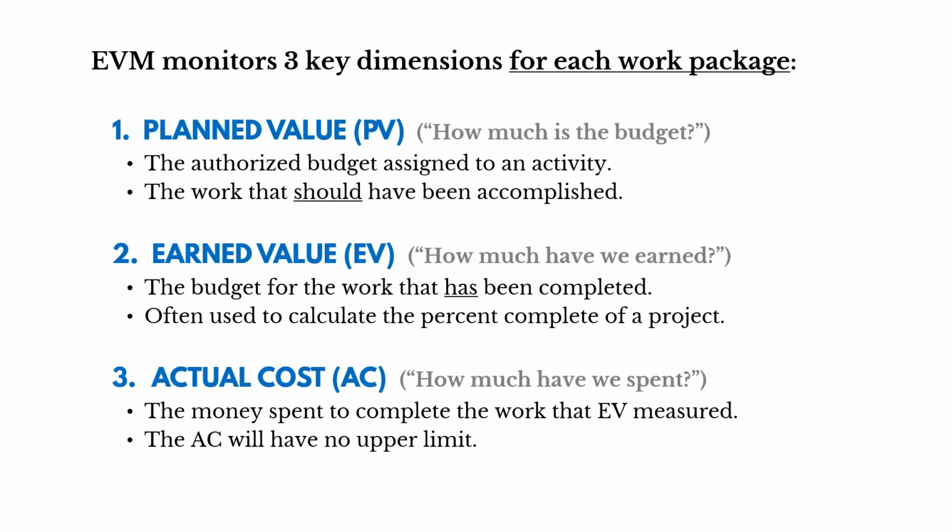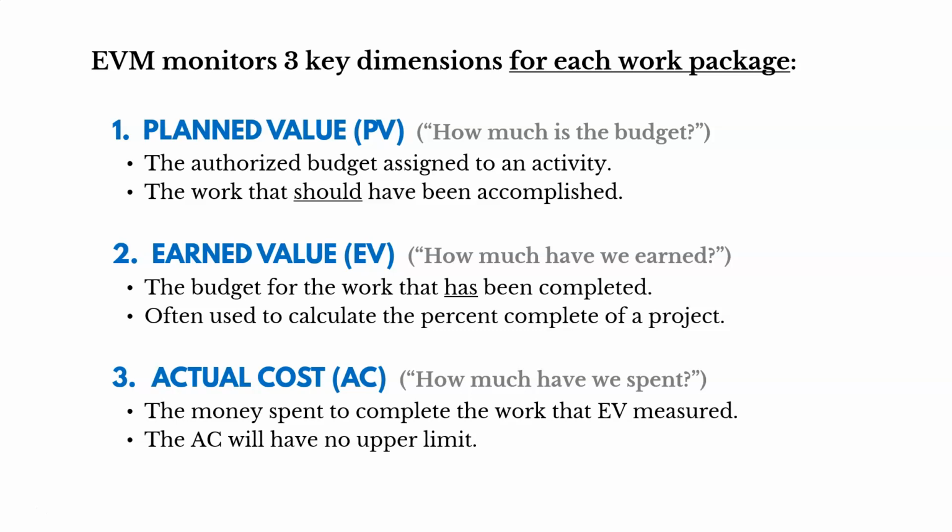So for each work package in our WBS, earned value management monitors three key dimensions: planned value, earned value, and actual costs. Planned value is the authorized budget assigned to an activity, and that doesn't include management reserve, because if you remember, we're using our cost baseline that excludes management reserve to compare to our actuals.